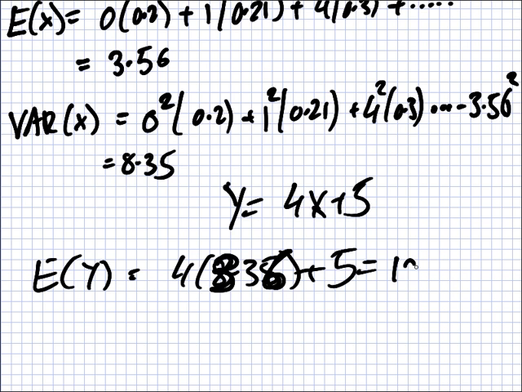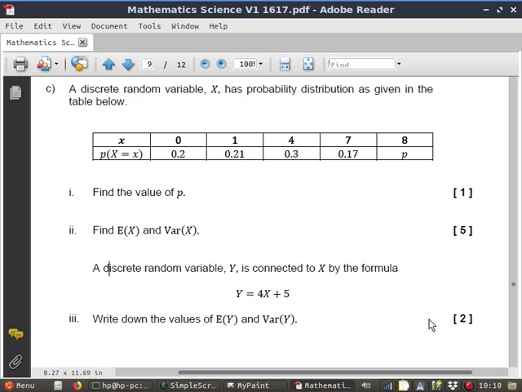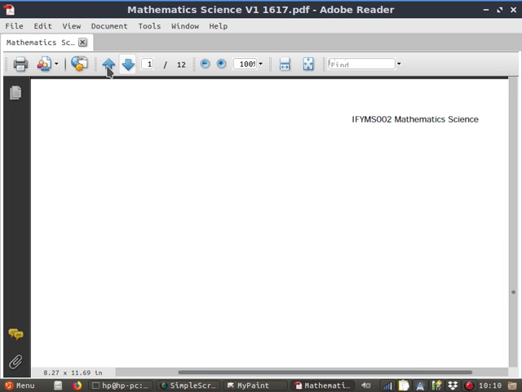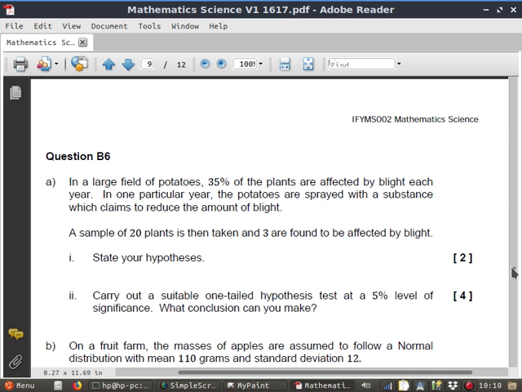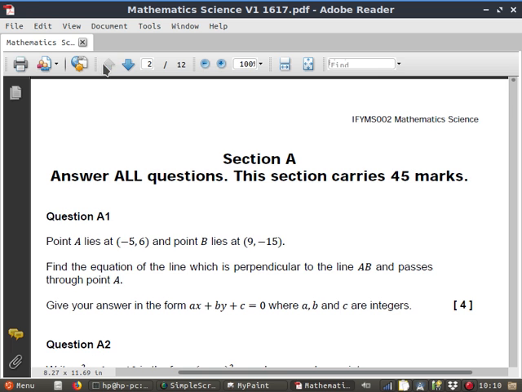About 19.2. And then the variance of Y would be 16 times the variance, 4 squared. And what's that one? 134.